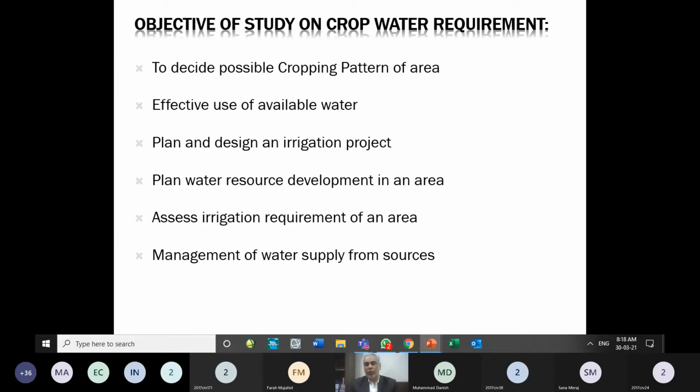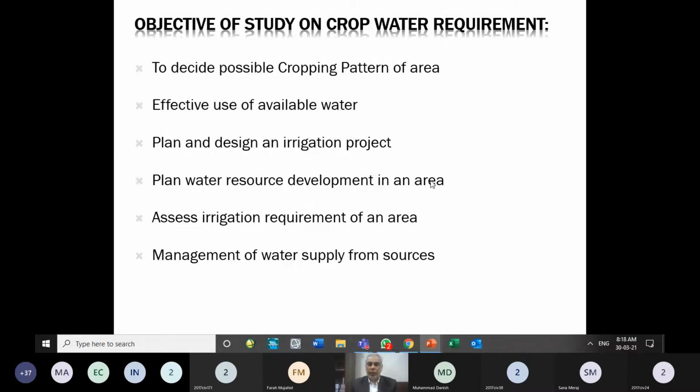From those requirements, they then decide the size of the canal, and then they construct or design that canal accordingly. So for efficient planning and design of an irrigation project, we need to know the crop water requirement, because that will be required to calculate the water requirement for an irrigation scheme. If we know the crop water requirement for each crop, then we multiply it with the area, and we can get the water required at the head of the canal.